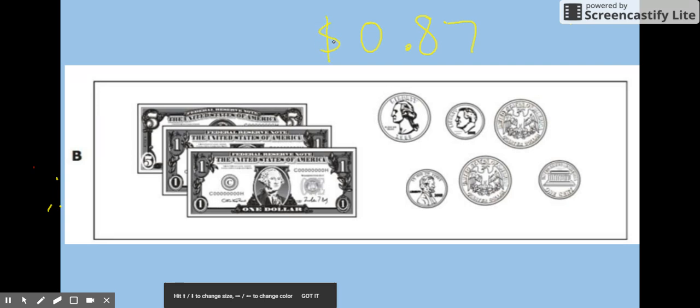And it asked about 8 cents. It did not ask about 80 cents. This 8 here, since it's in the tenths place, is saying 80. So I can't choose this as my answer because it's not in the correct place value.